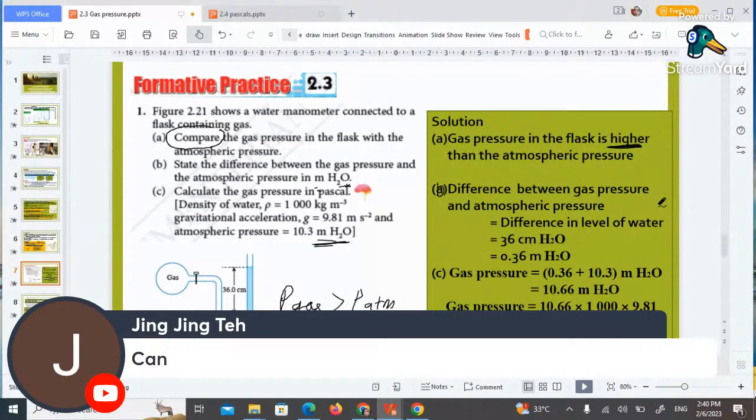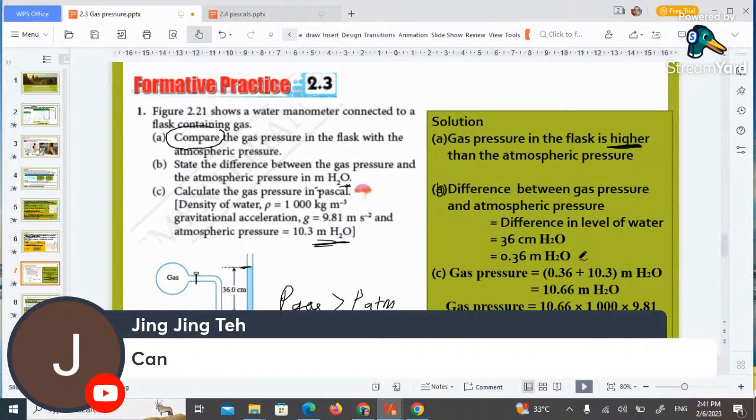The difference between gas pressure and atmospheric pressure equals the difference in level of coloured water, which equals 36 cm of water. Because this is water, they use cm, so 36 cm of water or 0.36 meter of water.